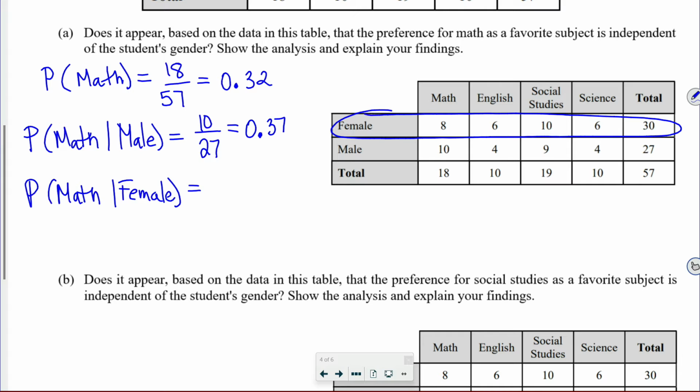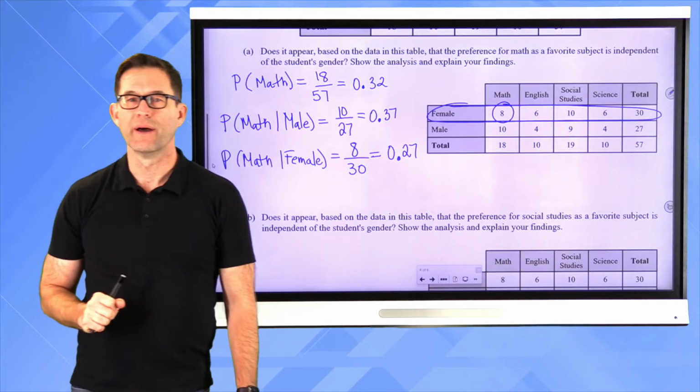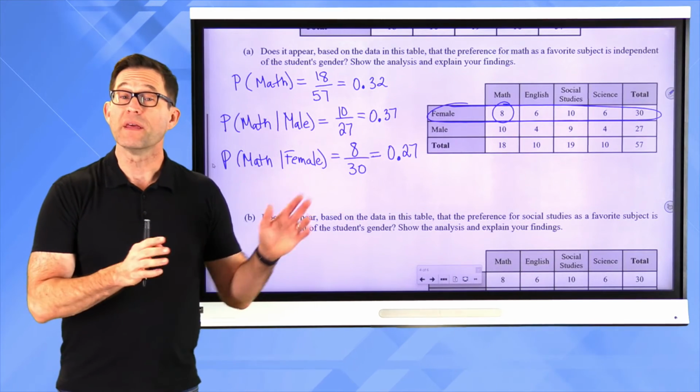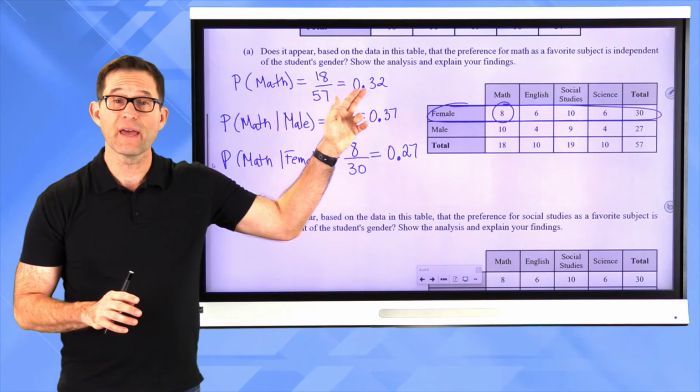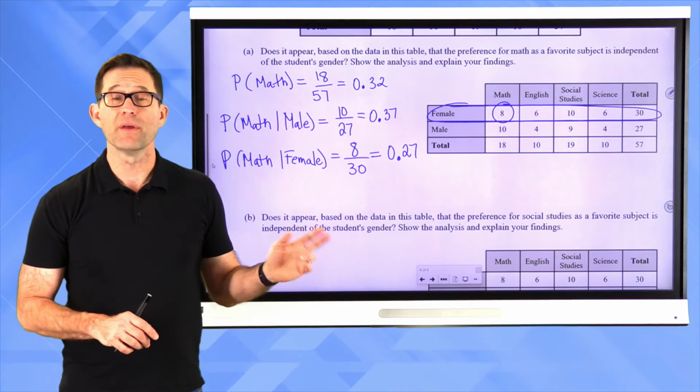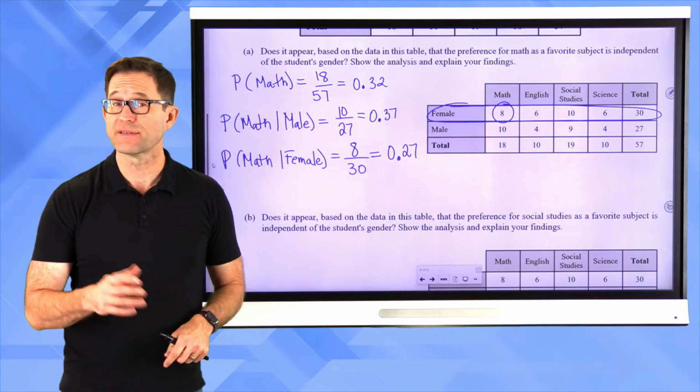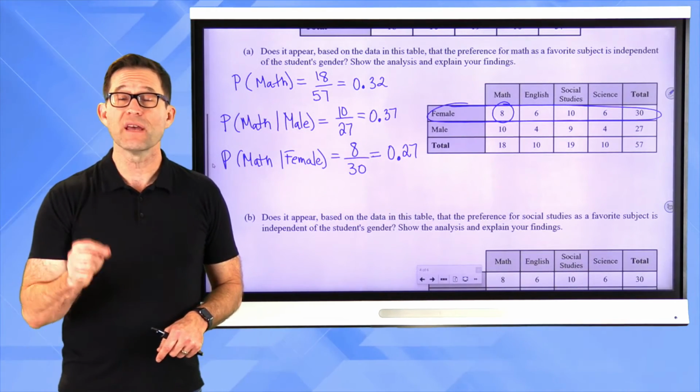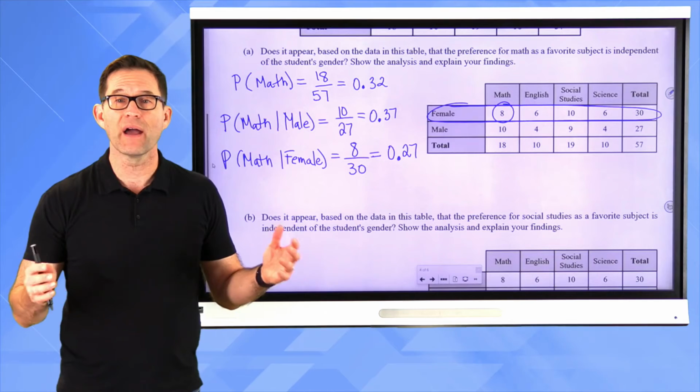So in that, we limit ourselves to just those who identify as female, which is going to be 30 total. 8 of them prefer math as their favorite subject. And that ends up being 0.27, right? Now, because these two are not the same as that, or even because they're not the same as each other, that's another way to look at it, we can say that there is some kind of an association.